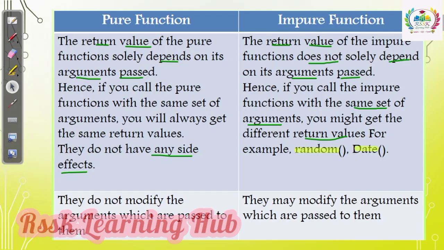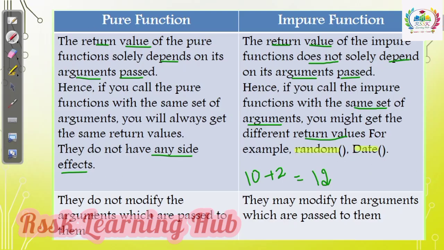After 2 years, with the same date of birth for the child, what will happen? The same birth date will be there, but the year gets extended, so the baby's age will be 12. So the age gets changed over. This is an example of an impure function.